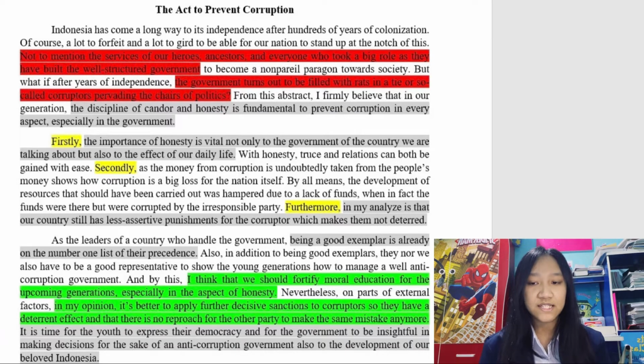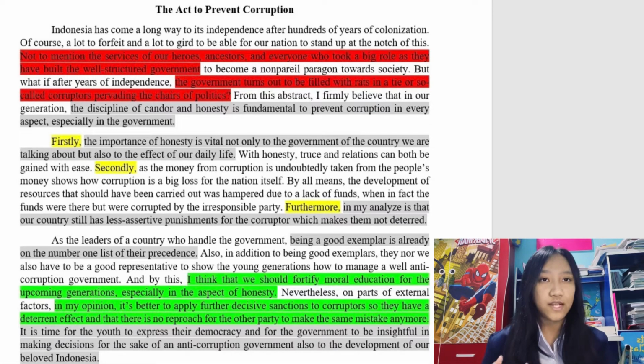As the leaders of a country who handle the government, being a good exemplar is already on the #1 list of their presidents. Also, in addition to being good exemplars, they, nor we, also have to be a good representative to show the young generations how to manage a well anti-corruption government. And by this, I think that we should fortify moral education for the upcoming generations, especially in the aspect of honesty.